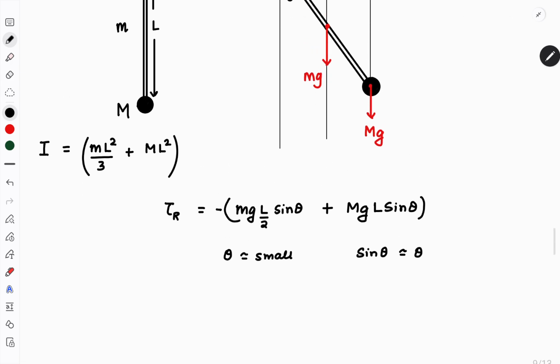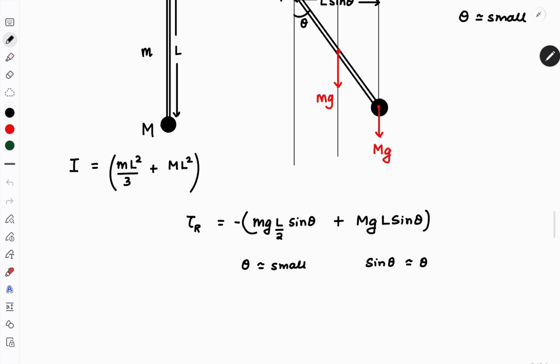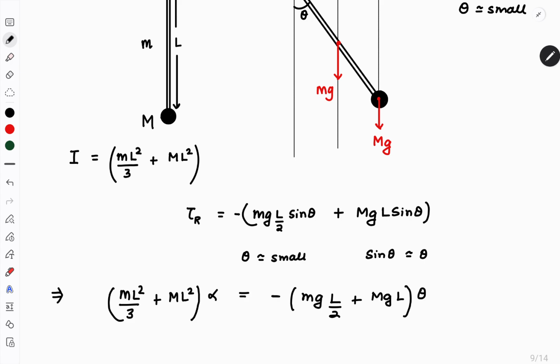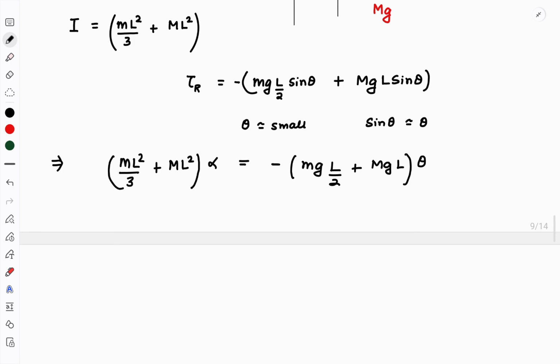And if we write tau as I alpha, so if we are substituting I alpha over here, we can say that the torque can be written as I alpha, that is mL square by 3 plus capital ML square, times alpha, and this is equal to minus of mgL by 2 plus capital MgL, and then theta over here. So we can clearly see that we are trying to get the form alpha equals minus omega square theta. So to get it in that form, let's do one more round of calculations.